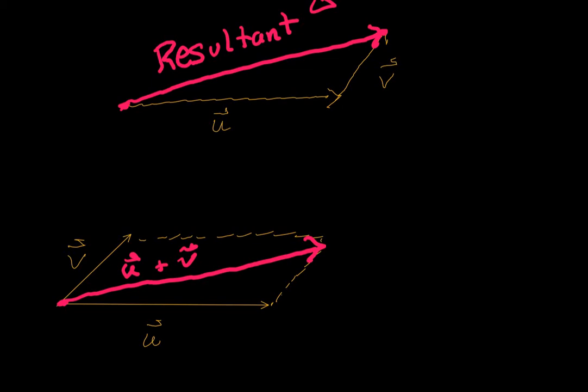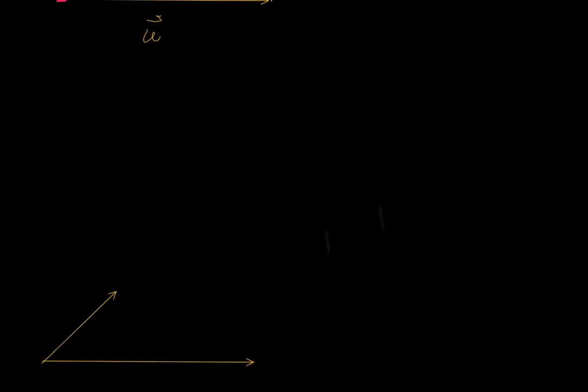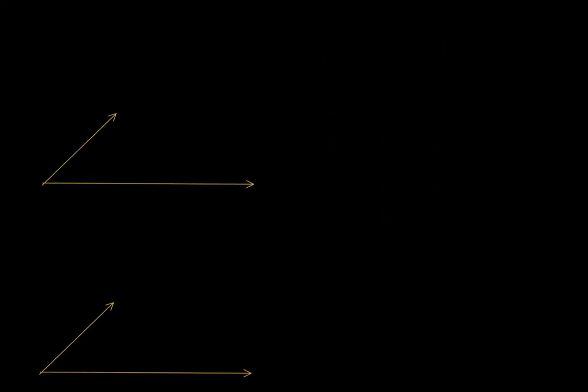So the second operation we're going to look at here is, what if we were to subtract the two vectors, u minus v? So there's u and there's v. And the way we can look at this is, instead of subtracting the two vectors, we can take vector u and add the opposite of vector v.